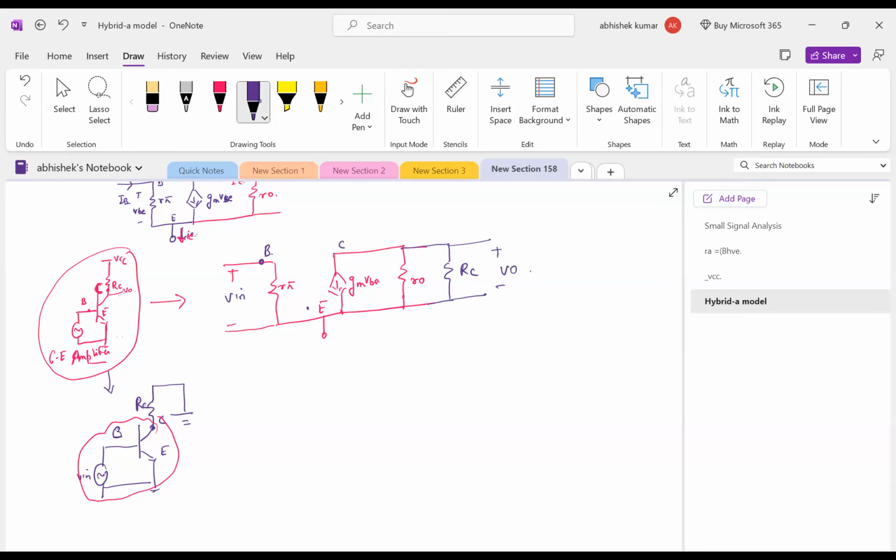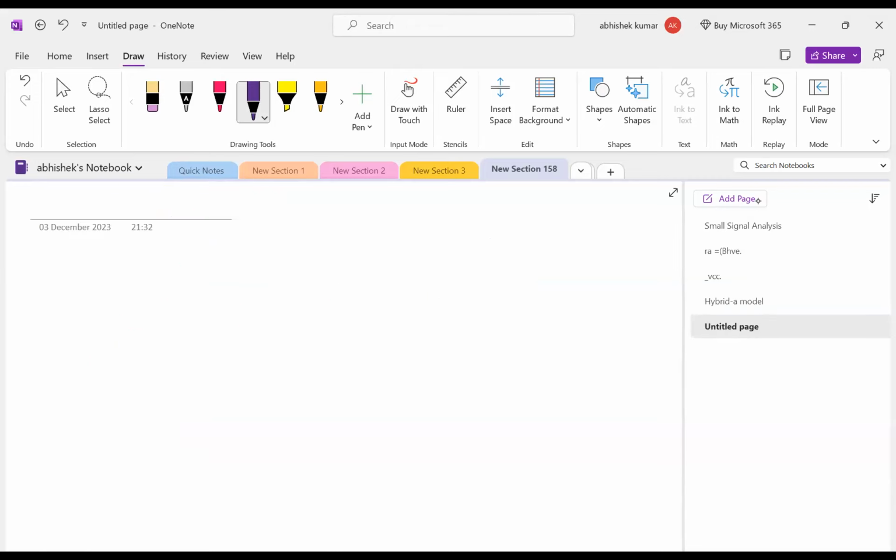I'm still not completely sure why it's called a common emitter amplifier. I'm very sorry, sir. Okay, yeah. See, in our BJT, what we have? Base, emitter, and collector, right? Correct, sir.